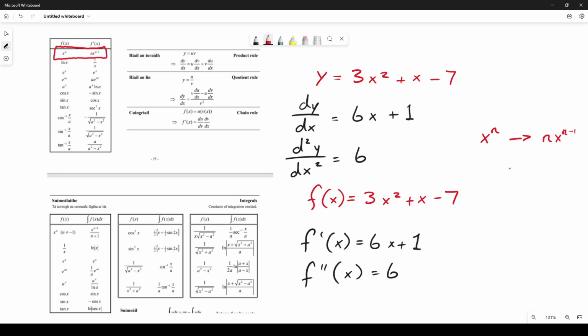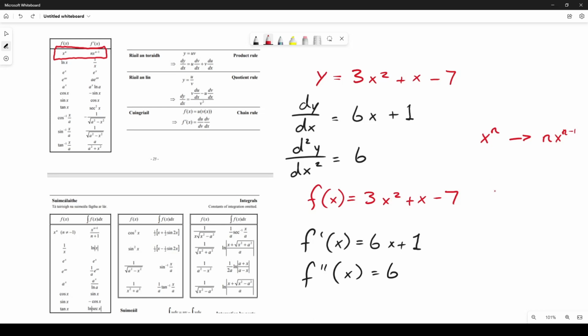So basically you multiply in front by what the power is, and then minus 1 from the power. When I did 3x squared, I multiplied in front by the 2, and then lowered the power to 1, but no one's ever going to write the 1. The power of 1 you can leave out, any other power you should write in.